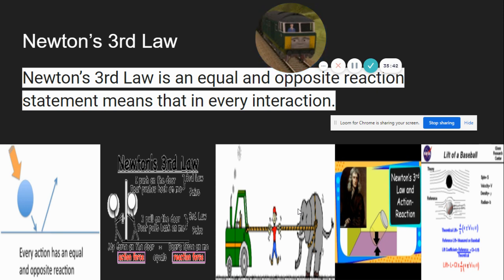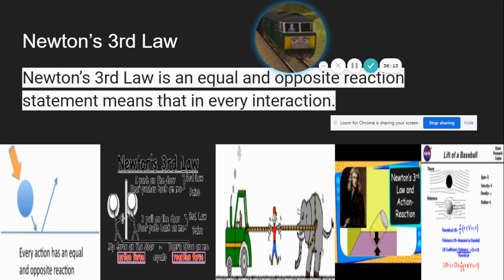Third law pairs: I pull on the door and the door pulls back on me. My force on the door is the action force, and the door's force on me is the reaction force.